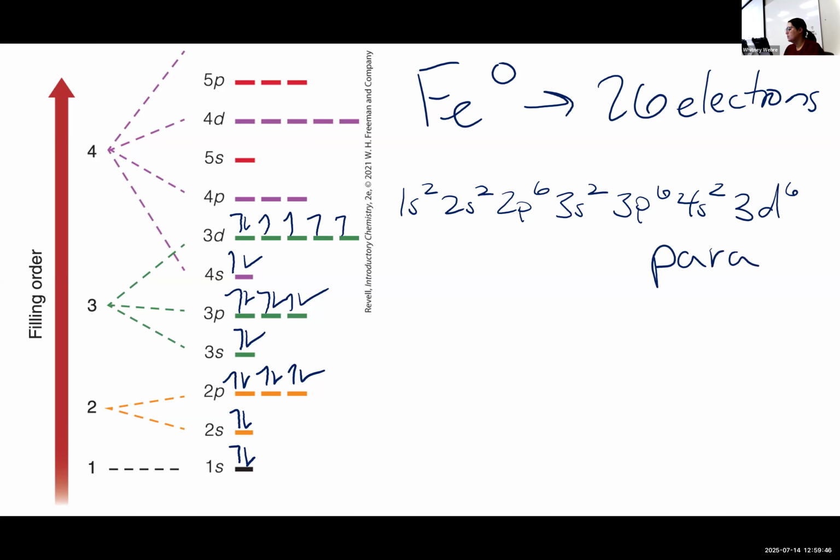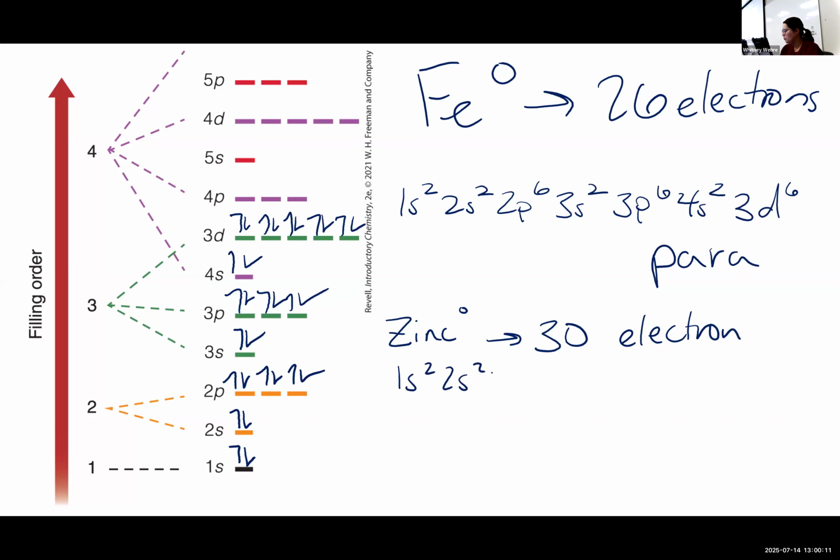What about zinc? Let's do zinc. If zinc was a neutral charge, how many electrons? 30. So I need to add just 4 more electrons. So 1, 2, 3, 4. 1s2, 2s2, 2p6, 3s2, 3p6, 4s2, 3d10, not 12.